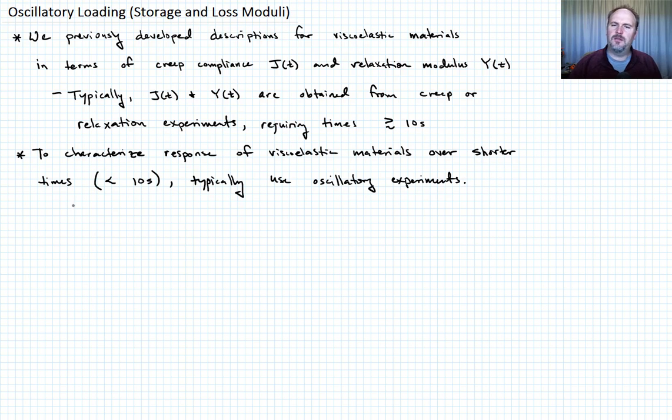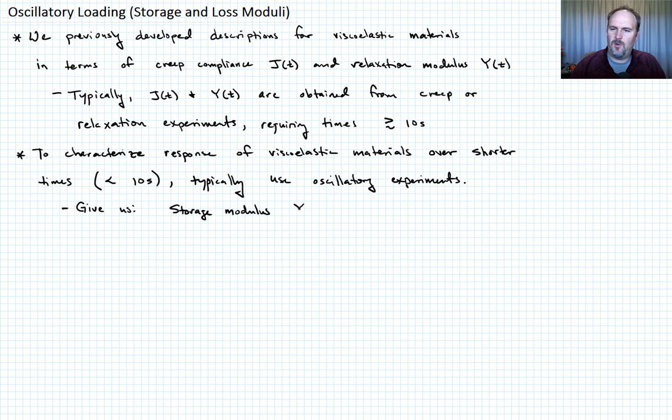These oscillatory experiments are going to give us some new quantities, but they are not telling us necessarily anything different about the material. They're of course related to the relaxation modulus and the creep compliance, but these are going to be a different representation. They're going to give us something called the storage modulus.